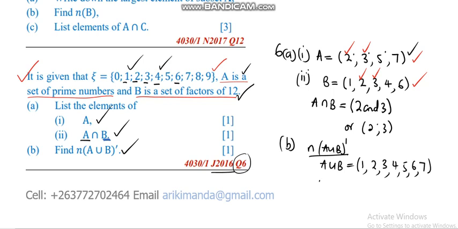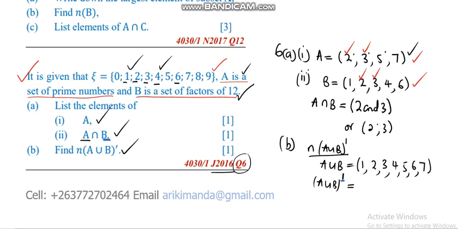But take note, when it says A union B, and there's this sign here, it means complement. It simply means outside A union B, or elements that are not found in A union B but are found inside the universal set.